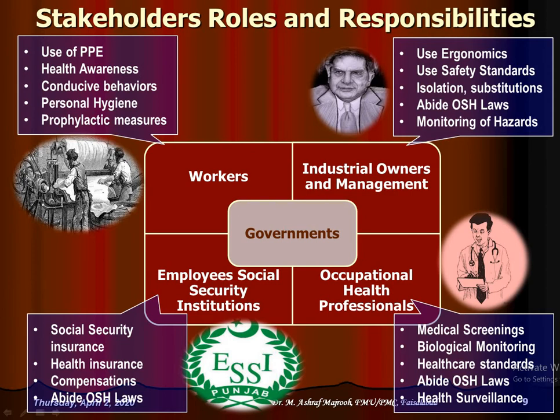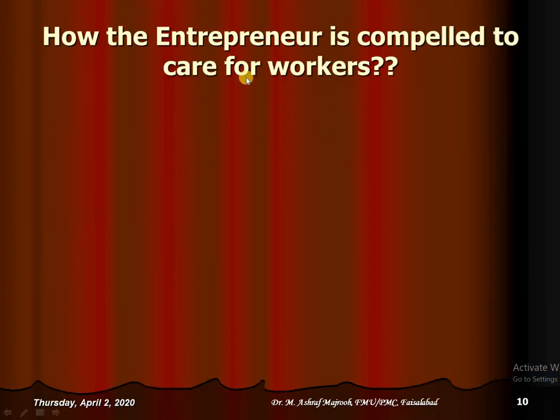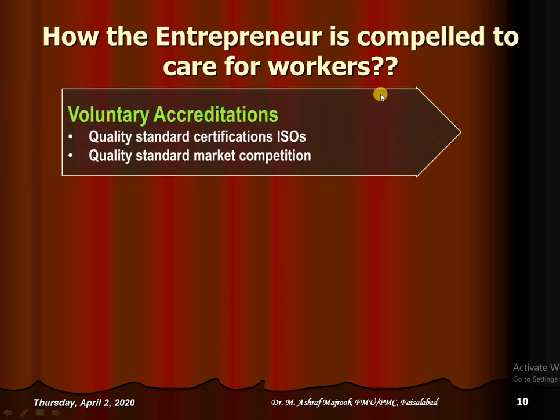So interestingly, how is the entrepreneur compelled to care for the health of workers? Generally, they're reluctant to care for the health of workers, but there are certain checks and balances. What are those? Number one is the voluntary accreditations.